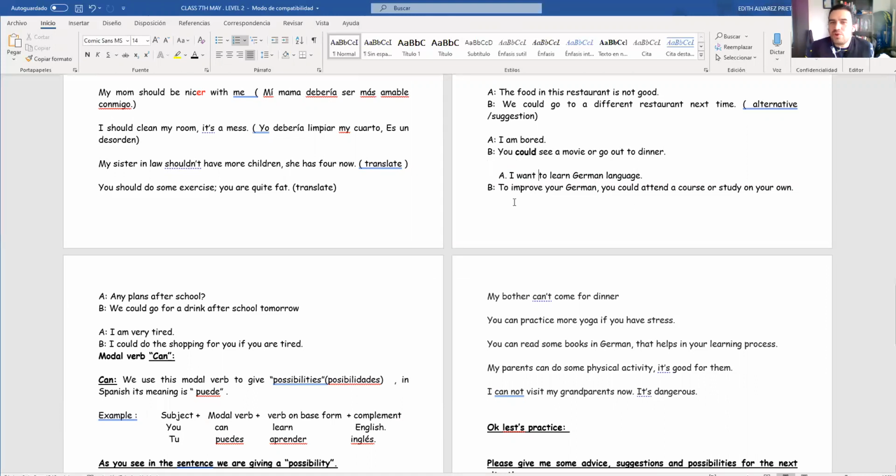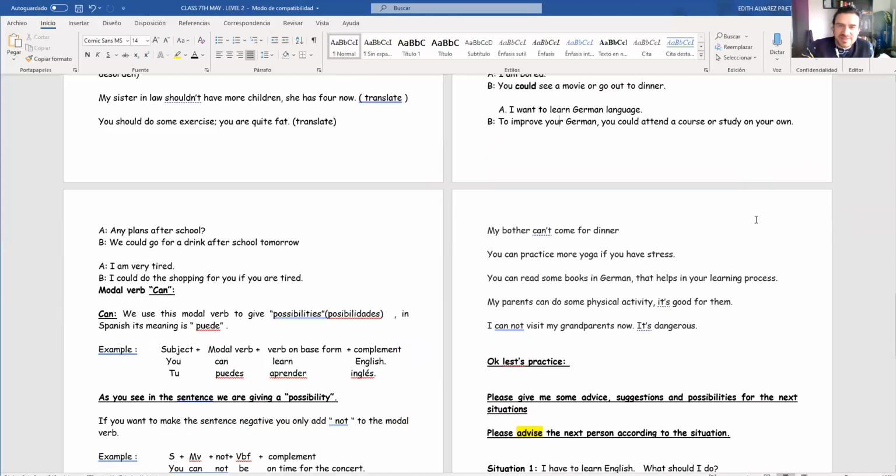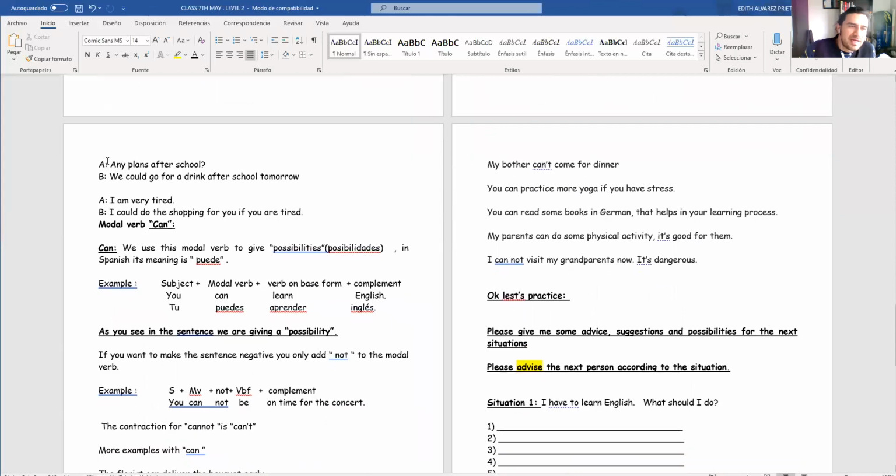Entonces aquí le dice el amigo, to improve your German, you could attend a course or study on your own. Para mejorar tu alemán, tú podrías asistir a un curso o estudiar por tu cuenta. ¿Ok? Suggestion.